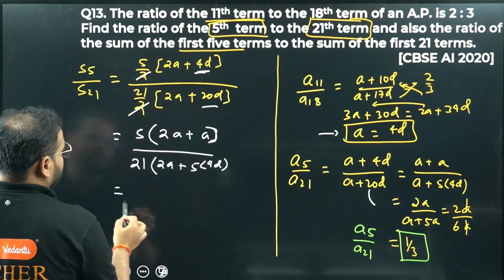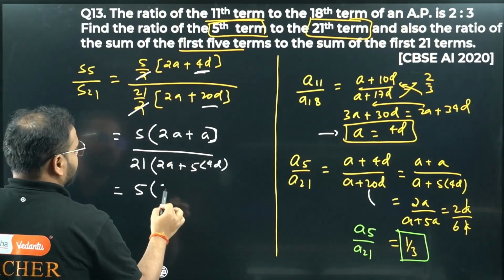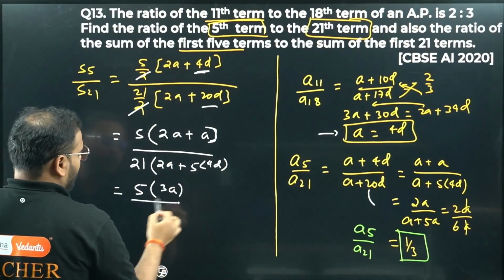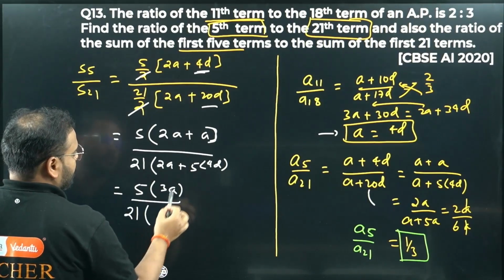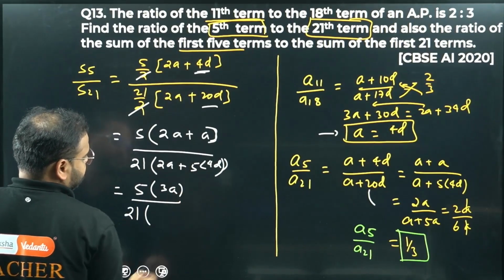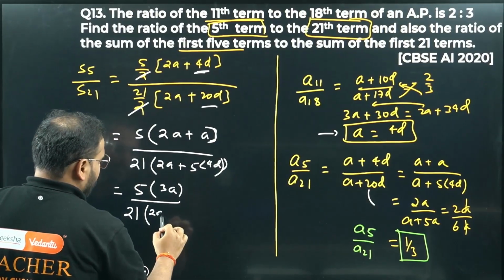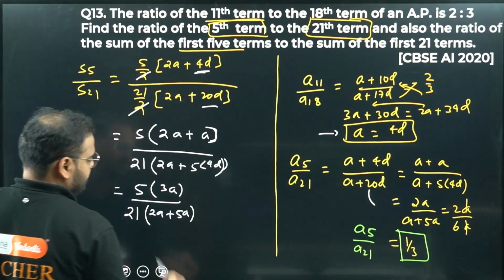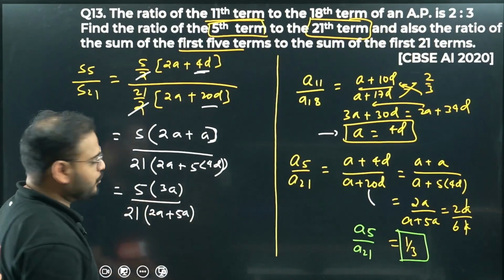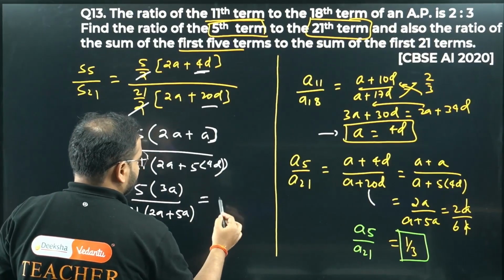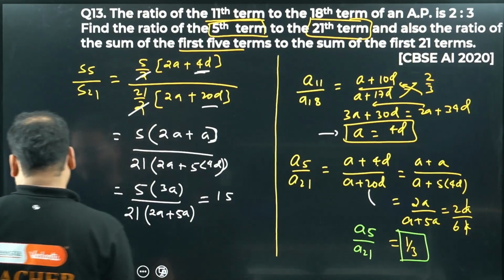So this will become 5 times 3a upon 21 times 2a plus 5a, right? 4d is a. So 15.